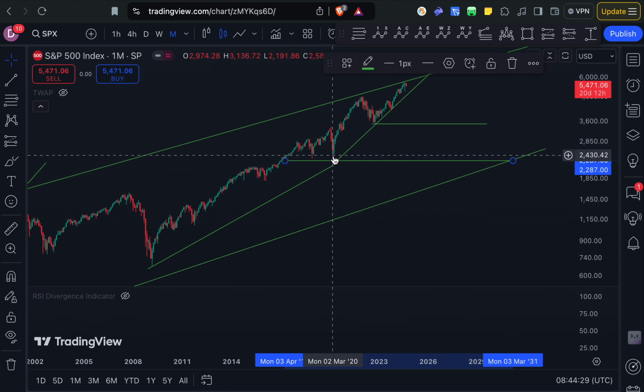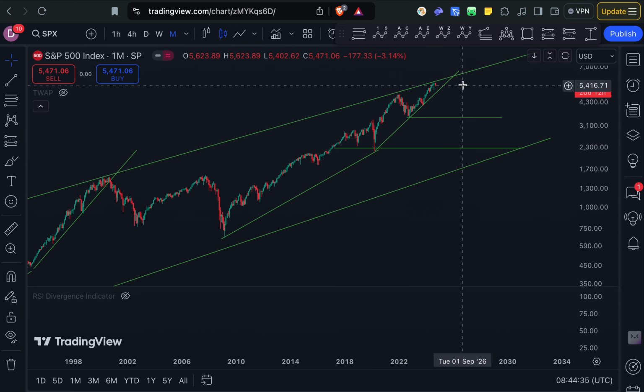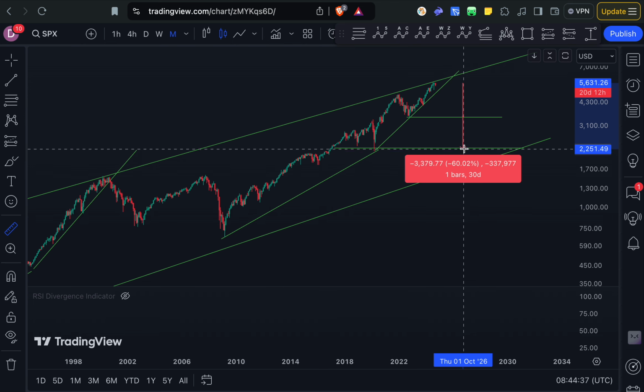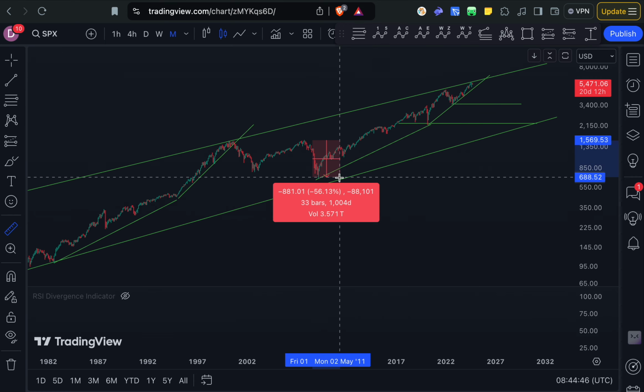I don't necessarily think we go all the way to 2020 lows, though it could happen, but that would be quite insane. We're looking at minus 60%. Wow, I don't think the stock market has ever had minus 60%.